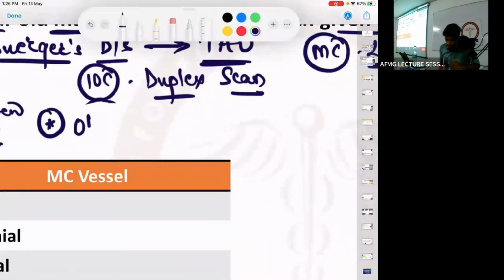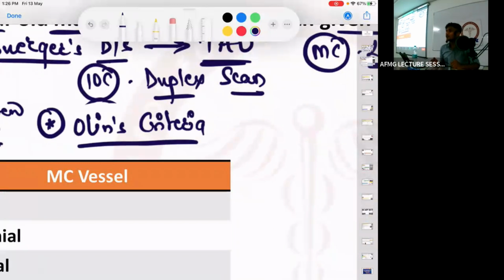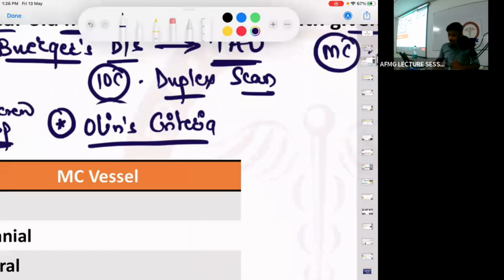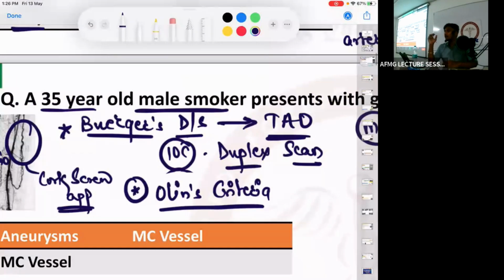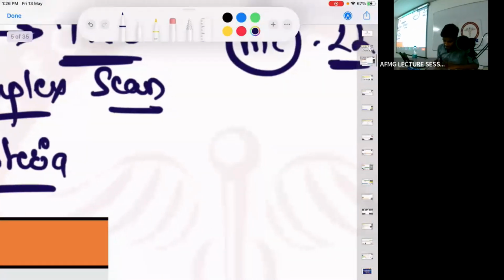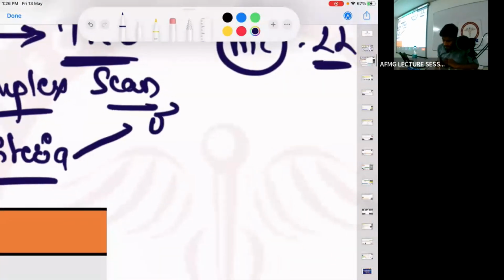Which criteria is there for diagnosis of Buerger disease? Anybody? The criteria is known as Allen's criteria for diagnosis of Buerger disease. ठीक है, तीन चीजें हैं इसमें Allen's criteria में. First, the patient would be a male less than 45 years of age group. So that means it usually affects which males? Young males.